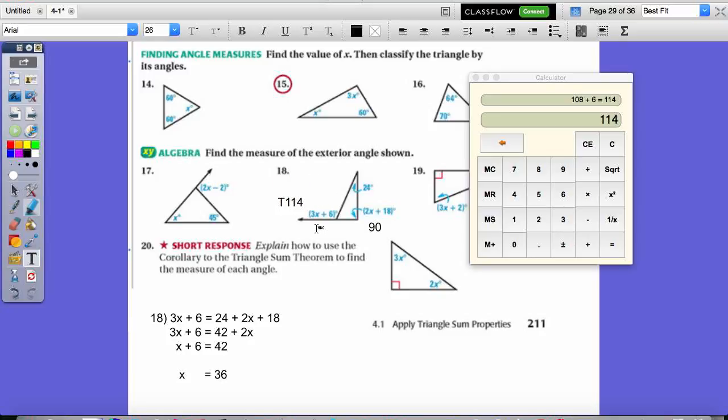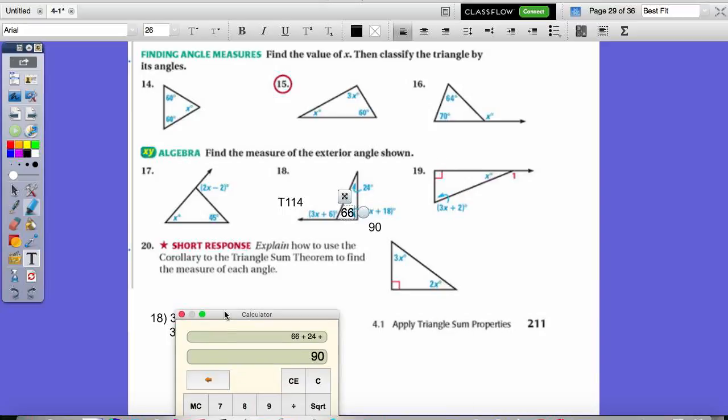It won't go away right now. So if that's 114, the interior angle here, they did not ask me to find it, but I want to find it to check my work, is 66. So now 66 plus 24 is 90, plus 90 equals 180. So for problem 18, my work checks out.